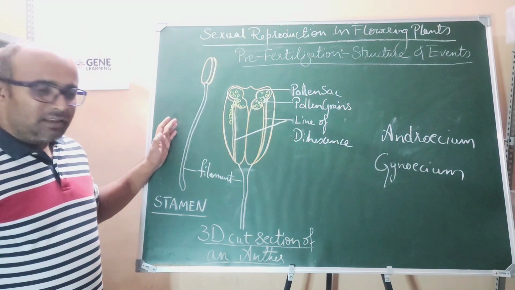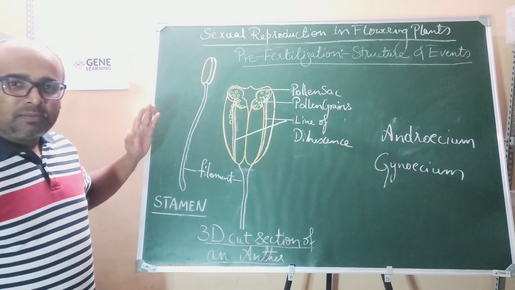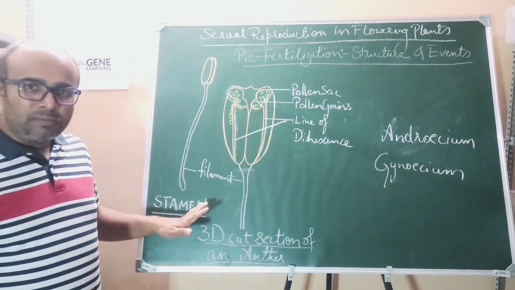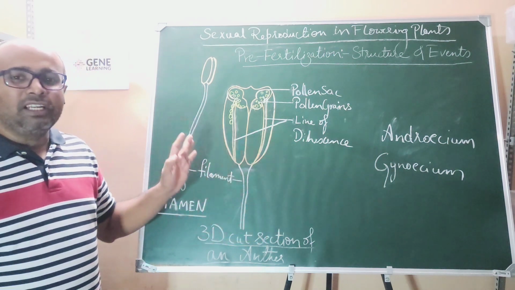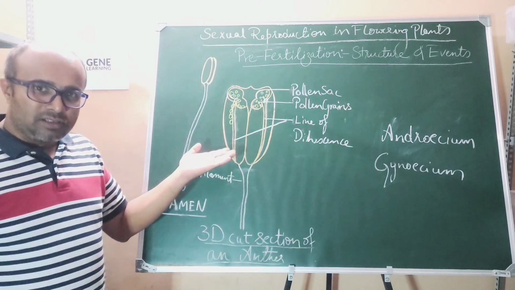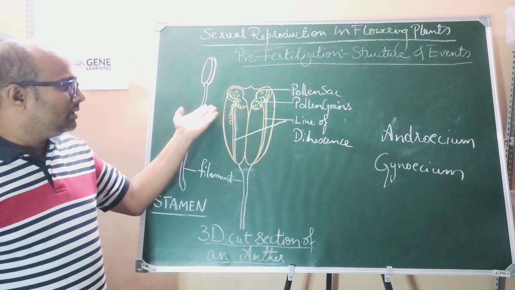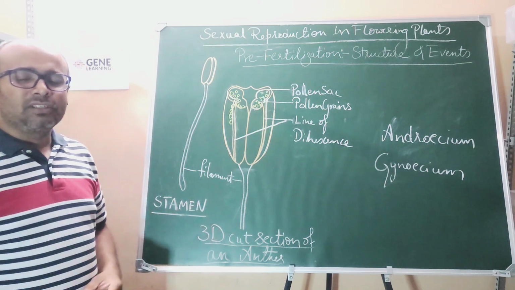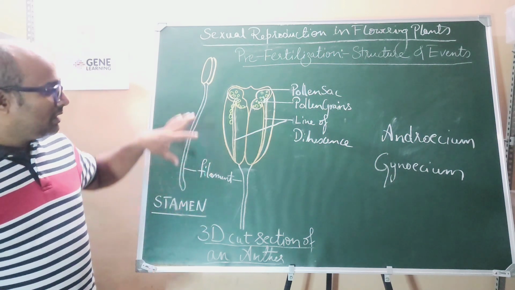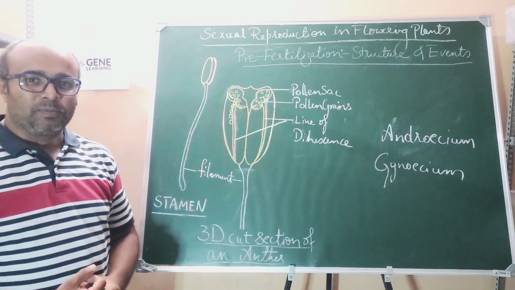Here we see two different diagrams. In this one we see a typical stamen, and here we see a 3D structure, I cannot say it's a transverse section altogether, but a three-dimensional structure depicting the inner parts of the anther.